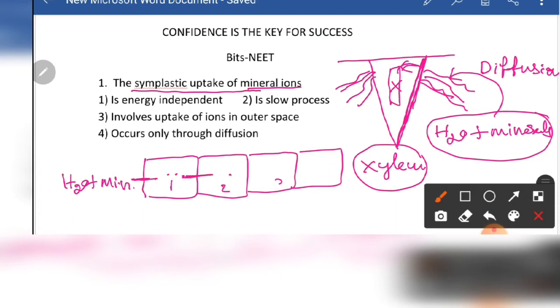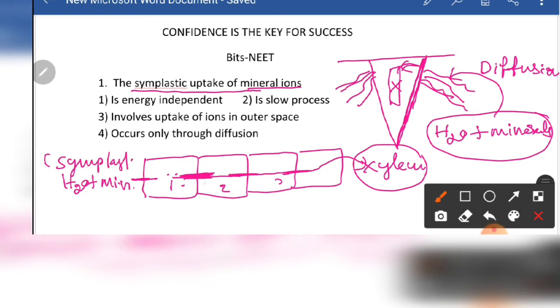These are cytoplasmic strands. They connect one cell to the adjacent cells. The cytoplasmic strands are nothing but plasmodesmata. Through the plasmodesmata, these substances ultimately reach the xylem. This is the symplast method.